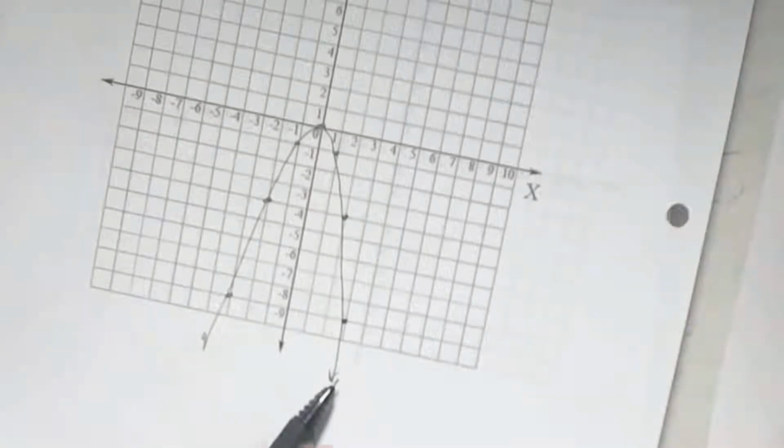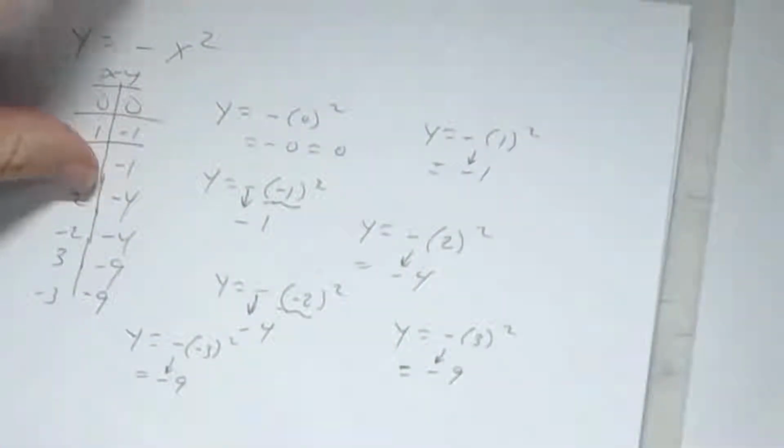All right. Now, you remember we were talking about functions. What's the definition of function? For each x coordinate, there has to be exactly one y coordinate. Okay?